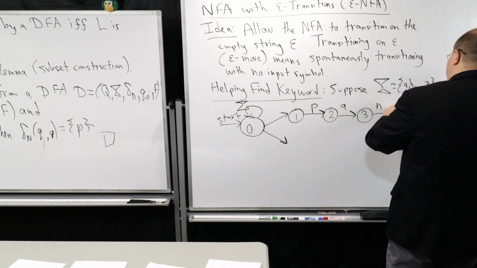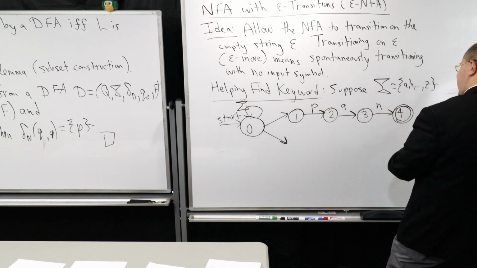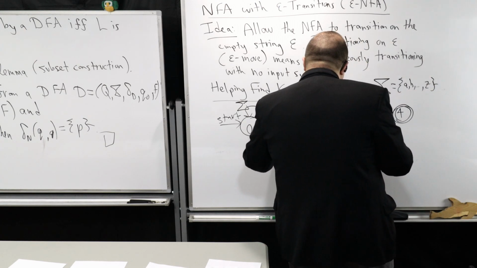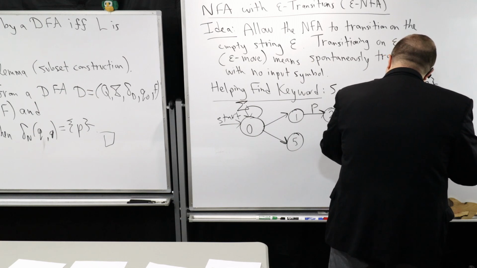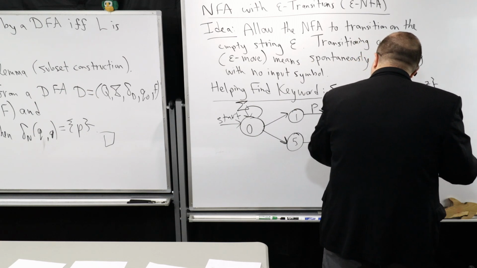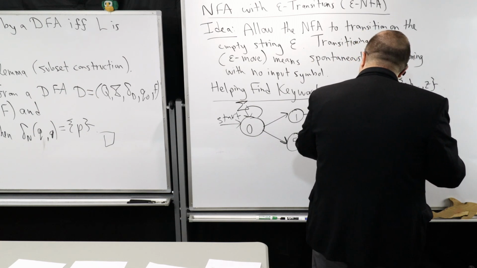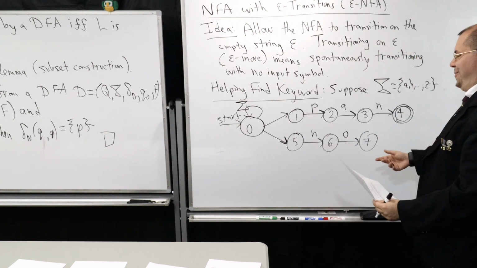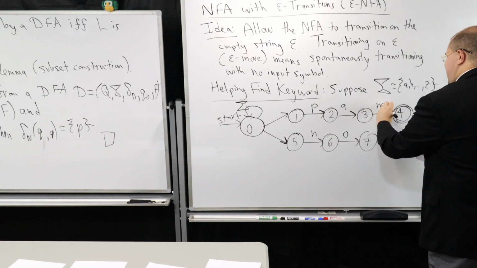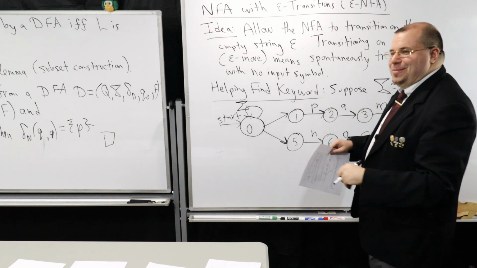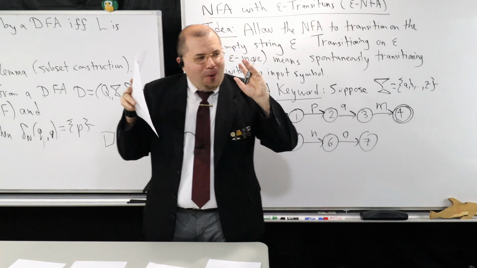Call this one pan. That's supposed to be a final state. And I'm going to have another one. I'm going to label it no. Actually, let's make it more fun. I'm going to make this Pam. Pam, no.